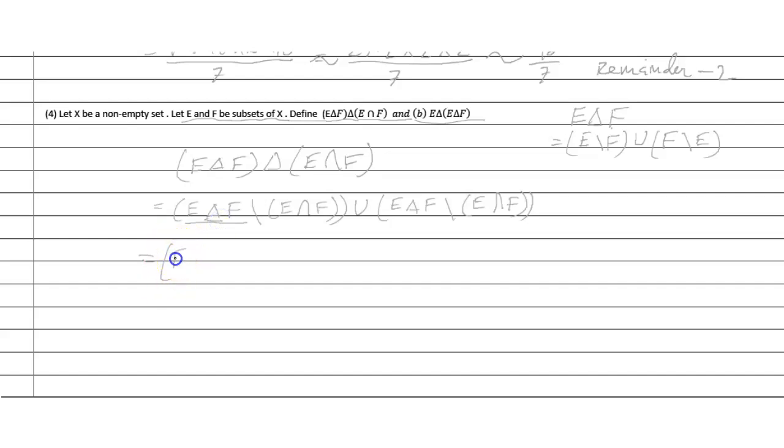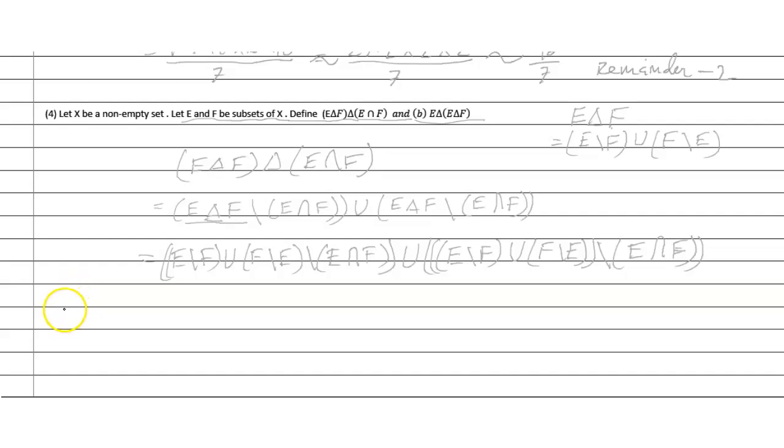So whatever I get, E minus F union F minus E, minus E intersection F, and E intersection F union F minus E, minus E intersection F.